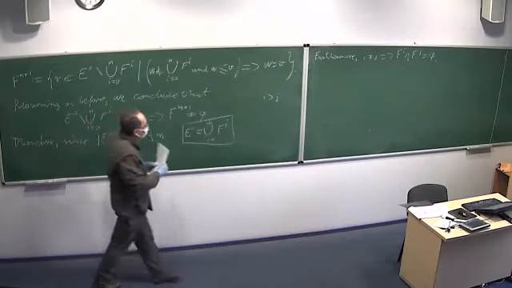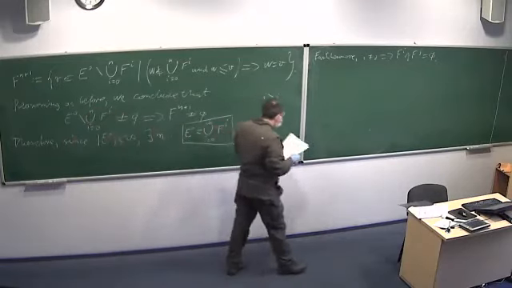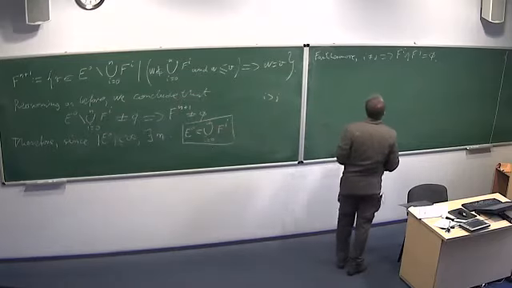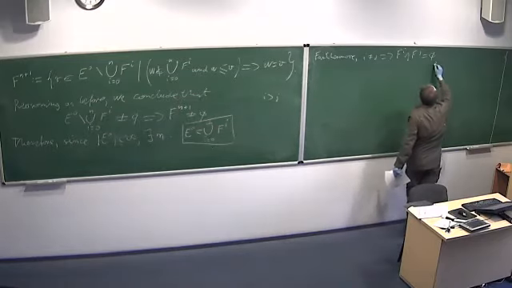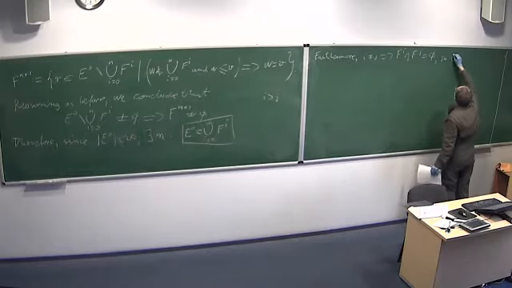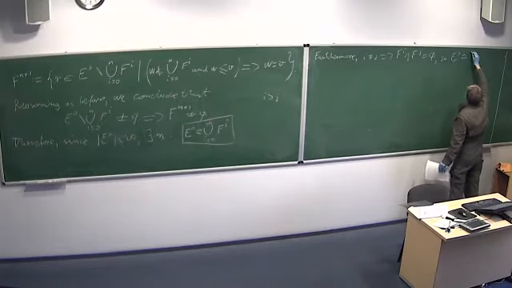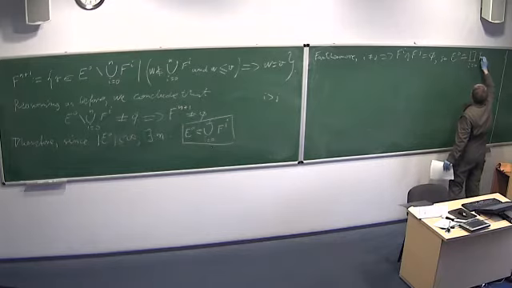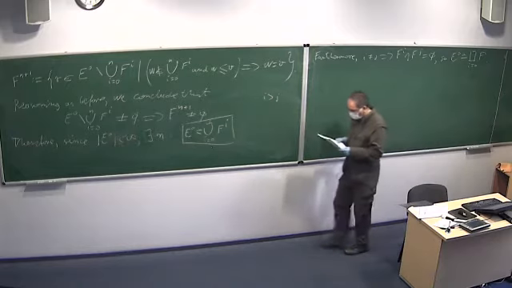So the intersection is empty. So this is in fact the disjoint union. So E0 is a disjoint union from I equals 0 to M of Fi. So we really have a nice decomposition.